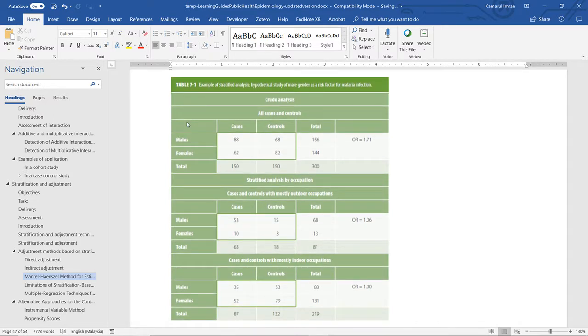We come back to table 7.1, crude analysis, stratified by occupation, outdoor or indoor, because we thought that occupation is the confounder.